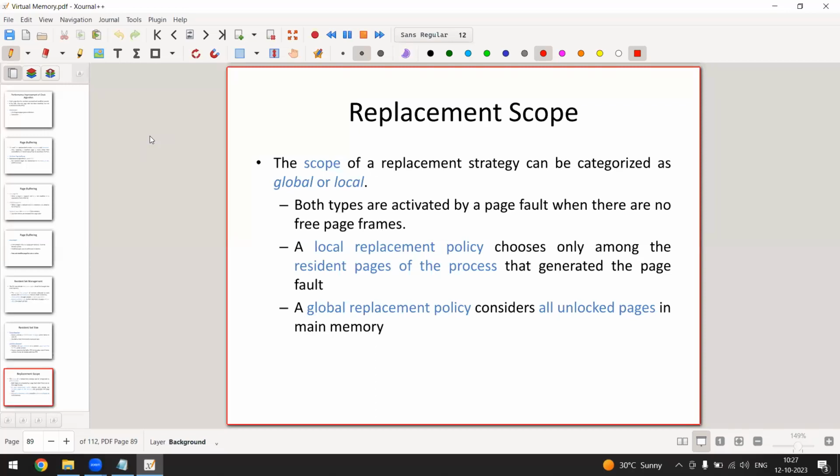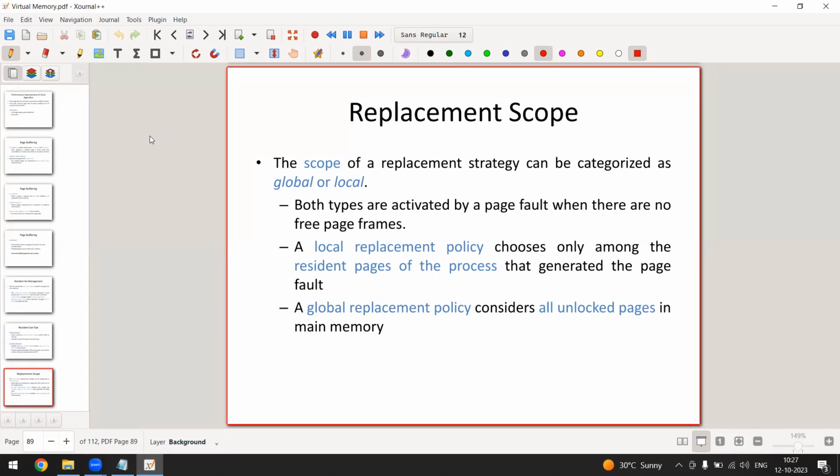In case of global replacement policy, it considers all unlocked pages in the main memory. So in that case, it is more flexible, but also kind of dangerous. Why? Because let's say process C has generated a page fault.